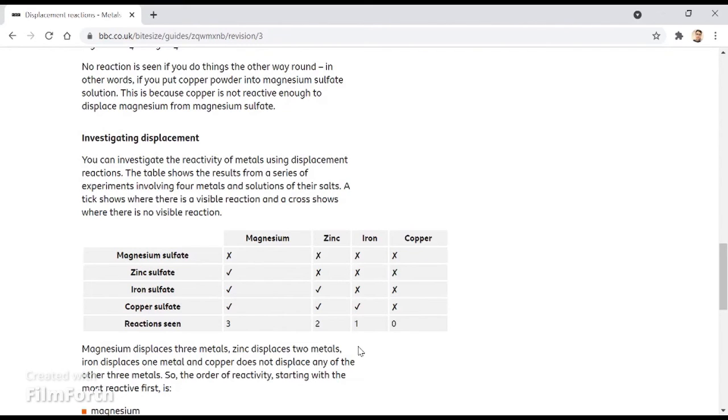Iron displaces 1 metal, but copper does not displace any of the 3 metals.